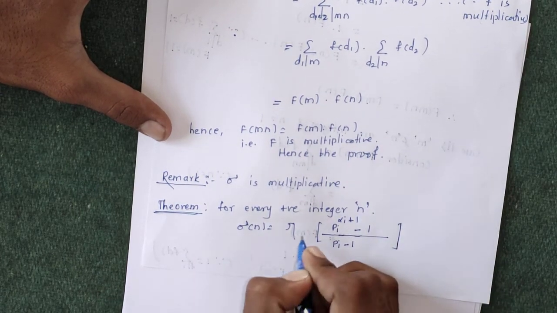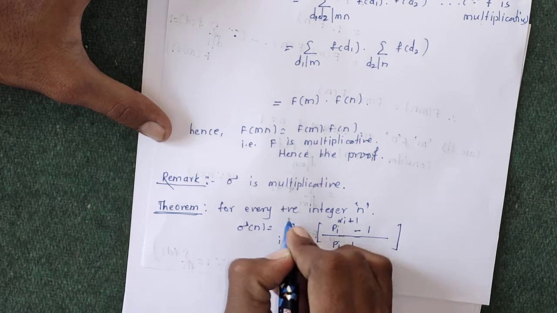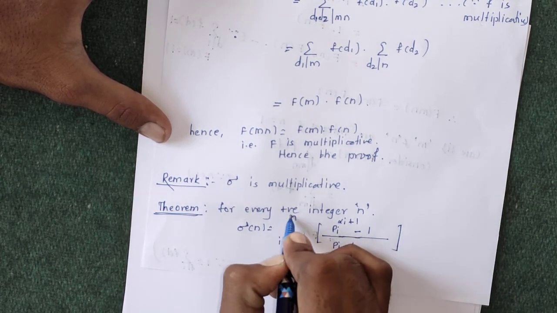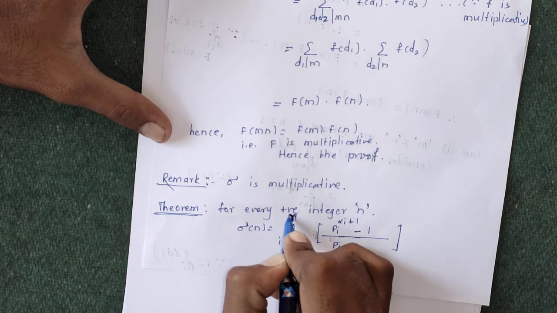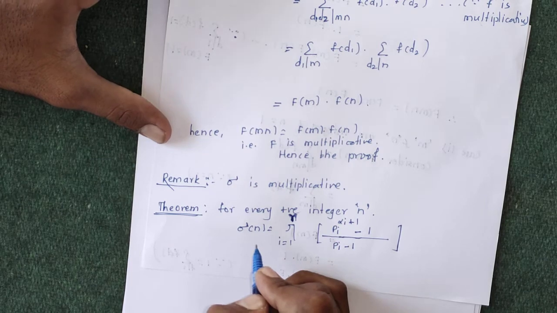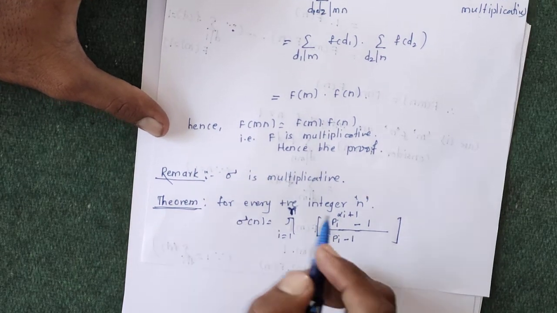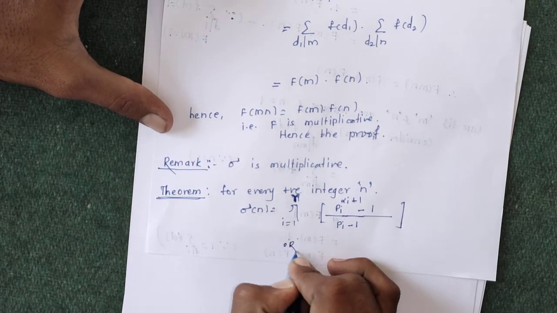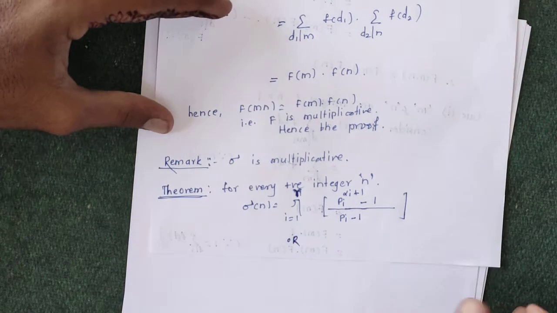This product is with i ranging from 1 to r. Or this theorem can be given in another form, write another statement.